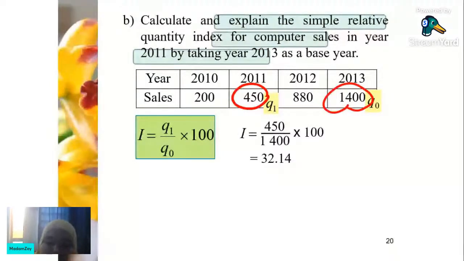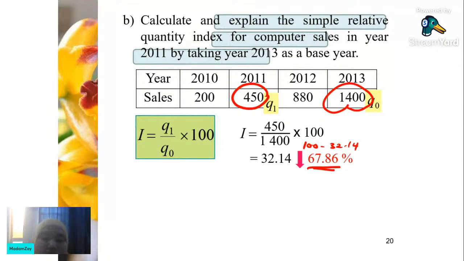So how much is the decrease? We need to calculate the decrease. So the decrease here is 100 minus 32.14, which is 67.86% decrease.